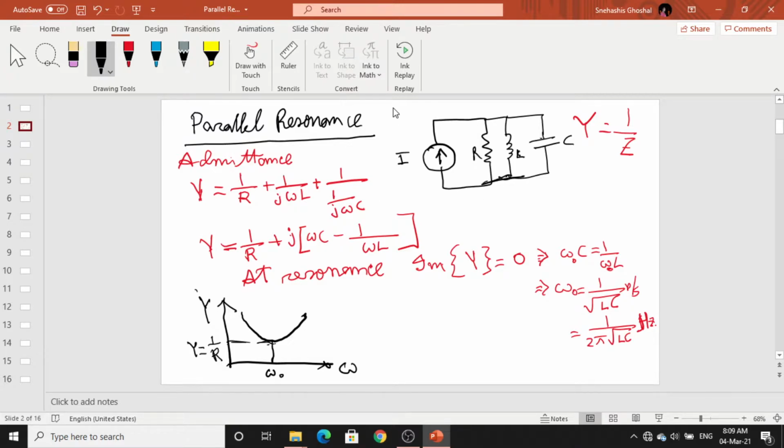Here in this diagram you can see that the main current is I, which is summation of three parts. First one is passing through resistance, second one is passing through inductance, and the last one is passing through capacitance. So there are three parts in the current.